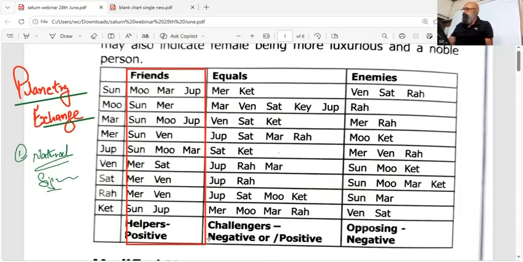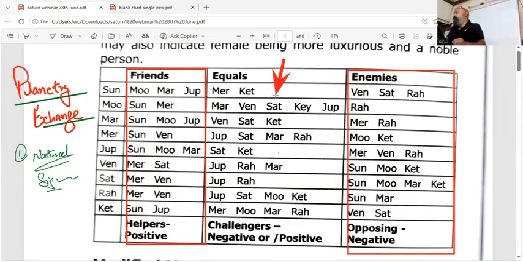This is friendship. This is enemies. This is neutral. I really appreciate those who have observed the neutral aspect. But neutral aspect acting as friendship or enemies, I'll be coming up with a separate video. I'll explain how to study that.